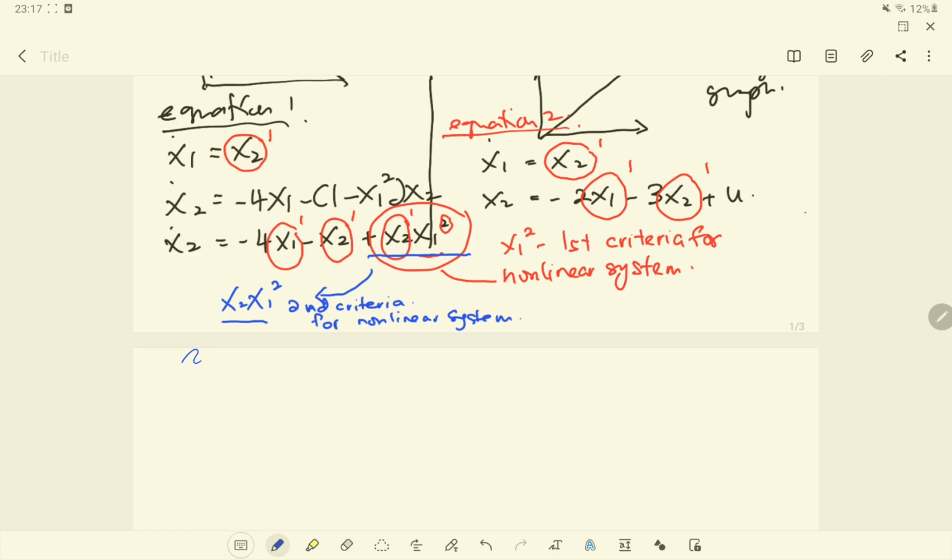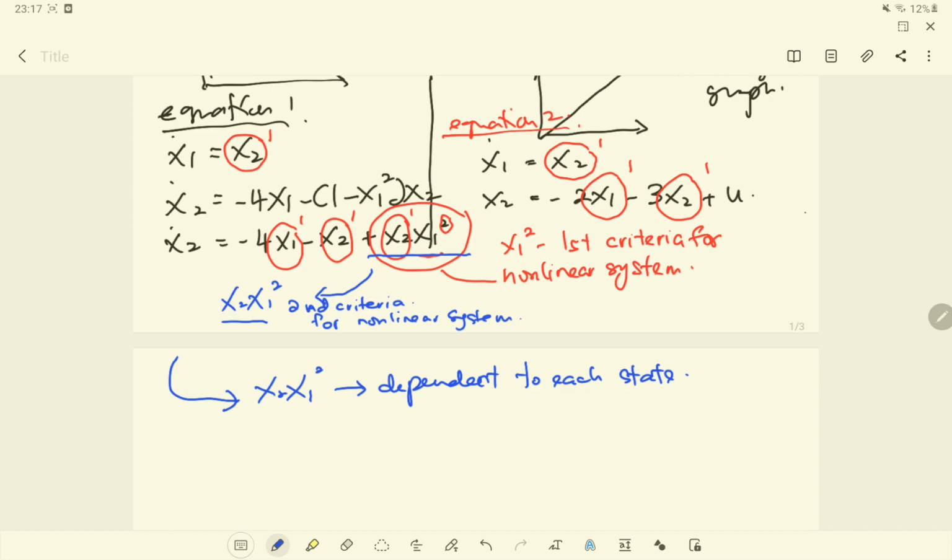So it shows that x2 and x1 squared are dependent on each other, each state.